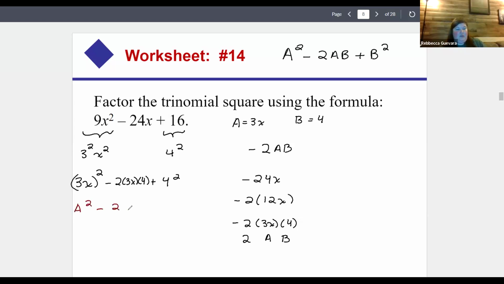So a squared minus 2ab plus b squared factors into a minus b squared. That means if I was to factor this, the 3x is my a and this 4 is my b. This would actually factor into 3x minus 4 squared.